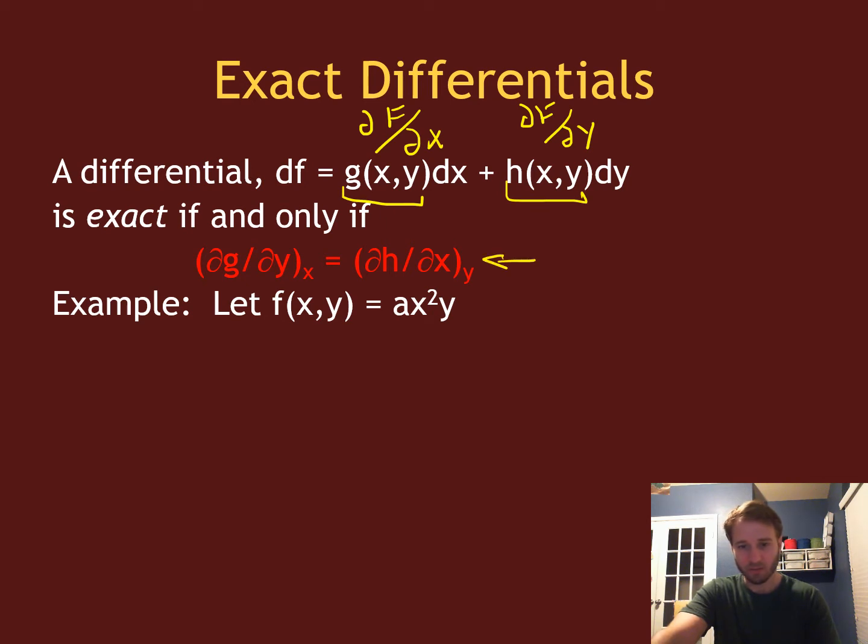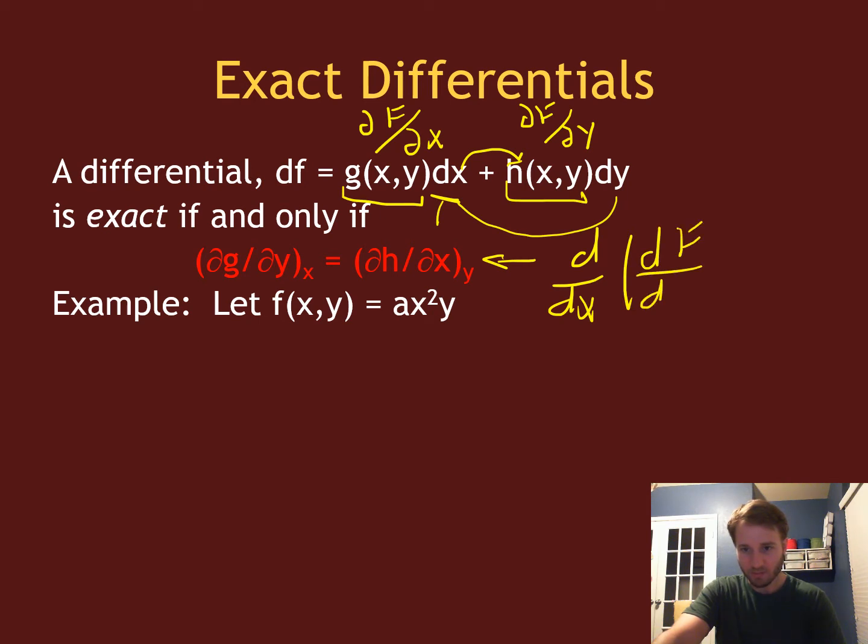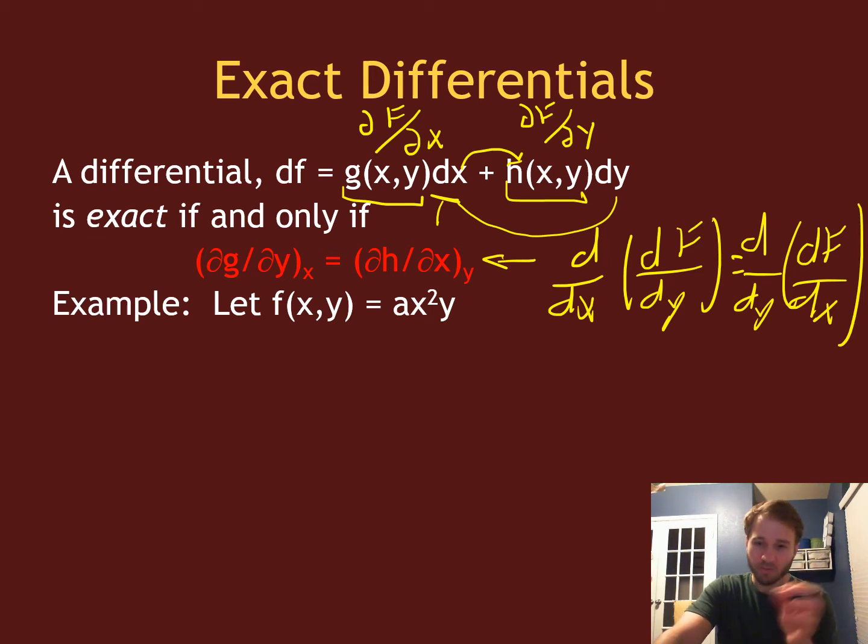So this line says the derivative of g with respect to y equals the derivative of h with respect to x. You swap the dx and dy over. All this is saying is that the mixed partial derivative of f taken in either order is equal.